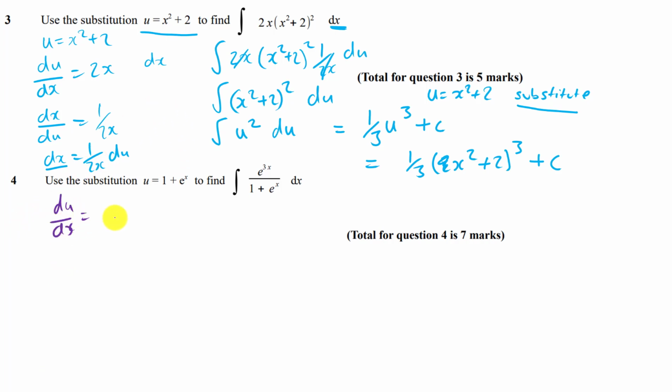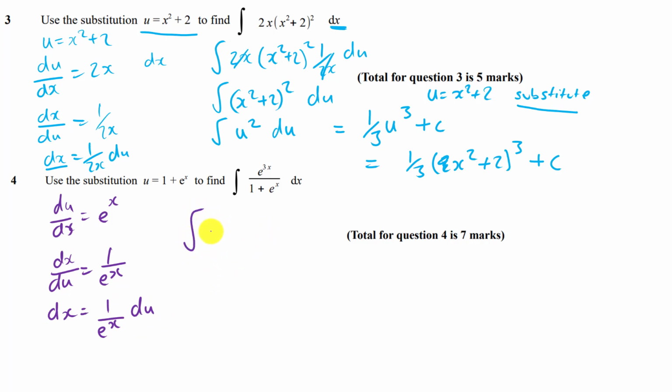And then dx equals du over e to the x. Correct. You said du by dx equals e to the x, so dx equals 1 over e to the x times du, wonderful. So we substitute that back in.